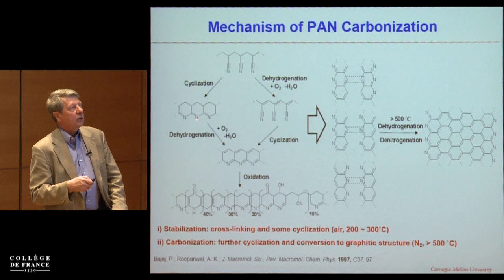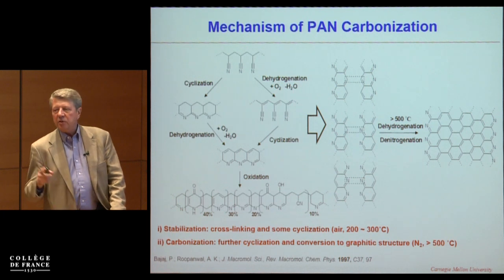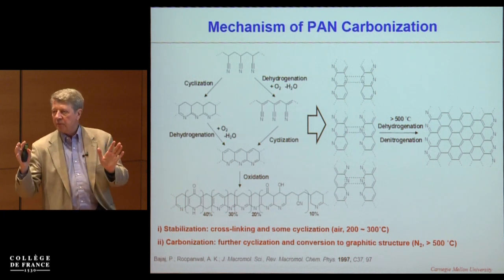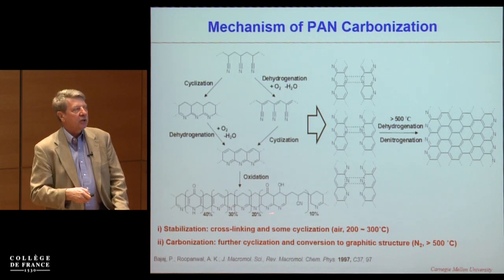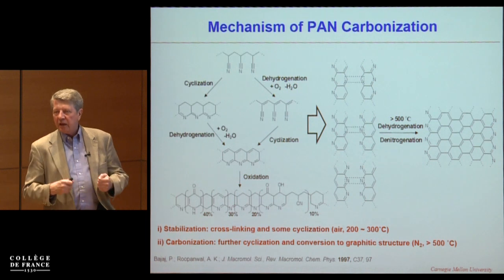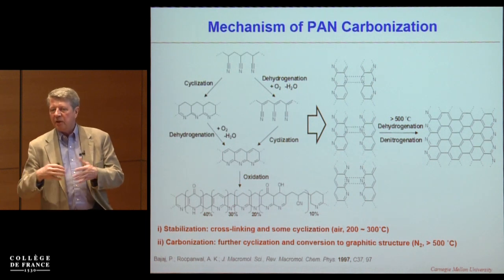And eventually, you can have at this stage dehydrogenation or at this stage cyclization in the presence of a little bit of oxygen. It can be just air. In fact, at around 220 to 280 degrees, it forms this cross-linked structure. Then, if you heat it in air, it would burn.